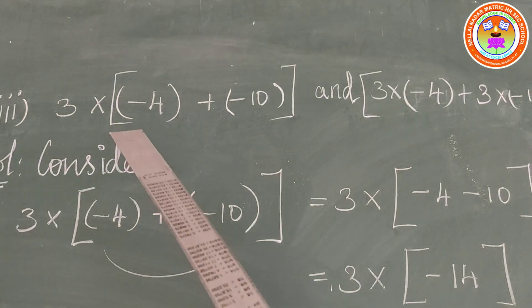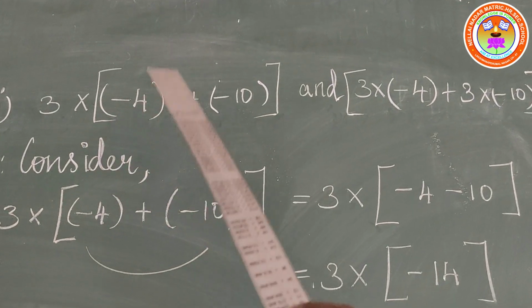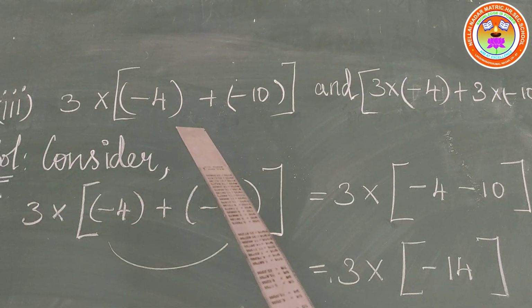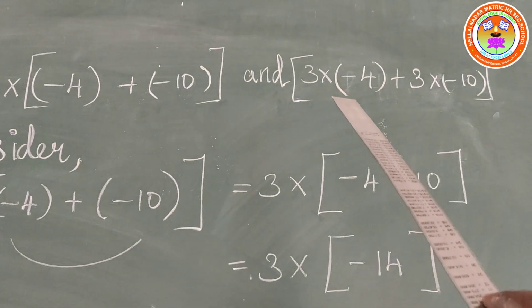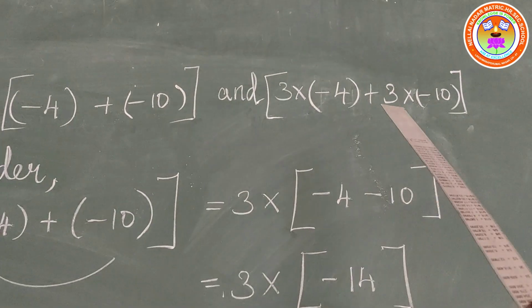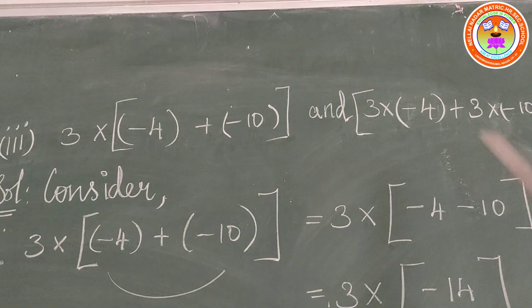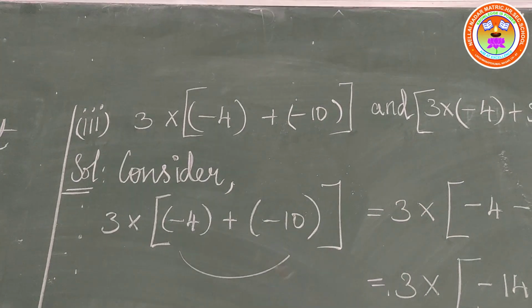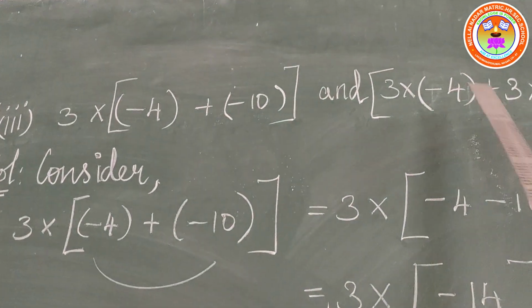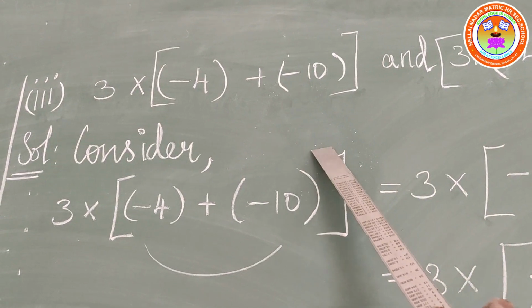So the third sum is 3 into (minus 4 plus minus 10) and 3 into minus 4 plus 3 into minus 10. I'll just recall what we did previously. We took the two parts of the given question.